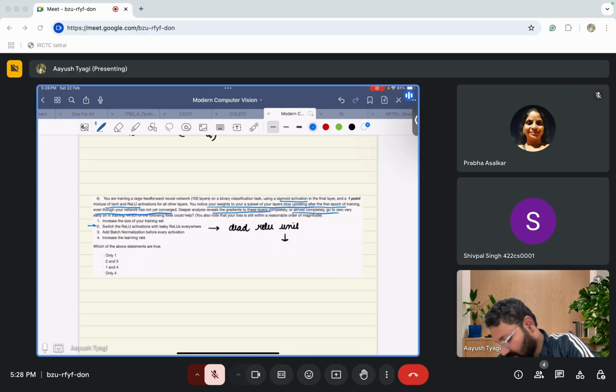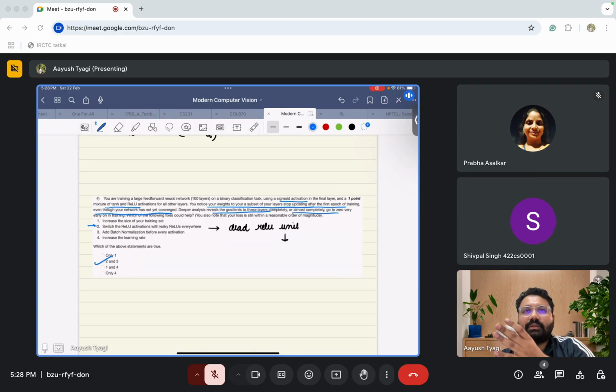Yeah. So the only answers that are correct are basically 2 and 3. What batch normalization does is it ensures that there is no deviation in the batch as compared to the overall mean information which is coming.